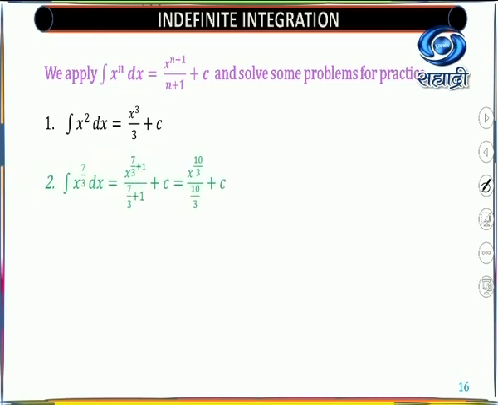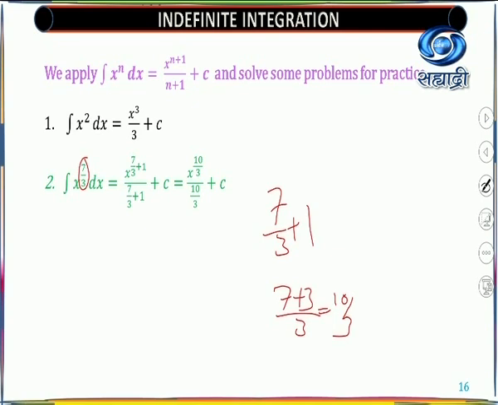One more example is if you take a fraction. Now this is a fraction, so what will you do? You have to add 1 in the fraction, 7 upon 3 plus 1. So you need to take an LCM, 7 plus 3 upon 3, that is 10 upon 3. So look here: integration of x raised to 7 upon 3 dx is x raised to 7 upon 3 plus 1, upon 7 upon 3 plus 1.